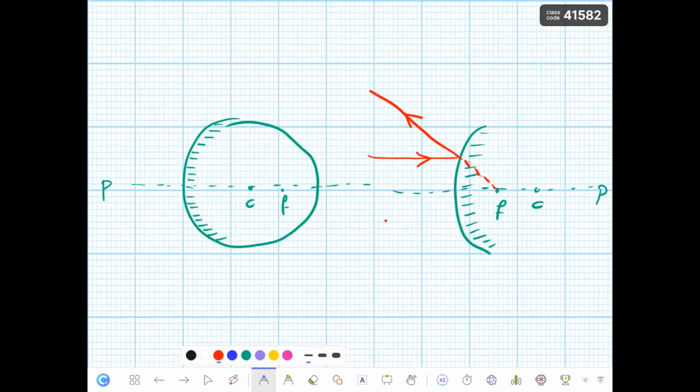Let me just draw better. This is the incident light, parallel. If you want to draw the reflected one, just draw the dashed line. This is going to be the reflected. What exactly does the convex mirror do? The convex mirror will diverge the reflected light.